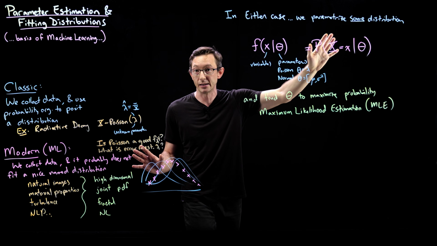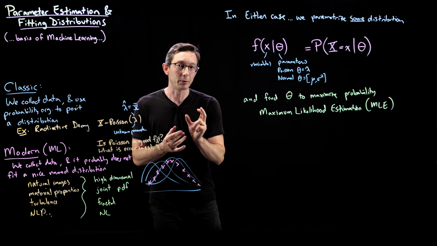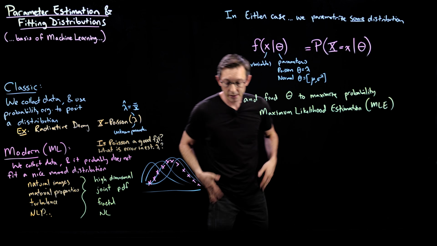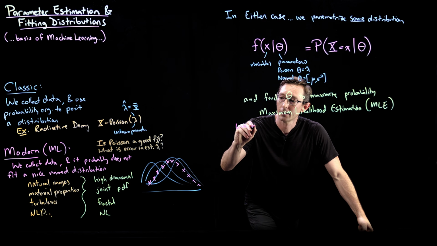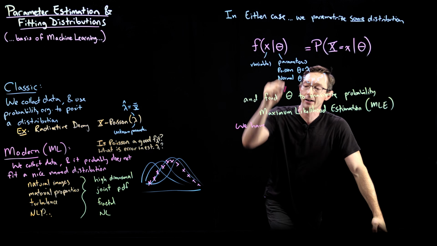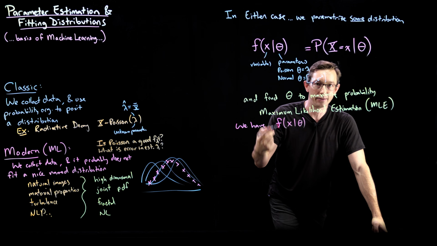That's how we say this mathematically. And this should seem very closely related to Bayesian statistics, because it is. So there's this kind of dual problem. We know the probability density, at least in the classic case, we have f of x given theta, and we're trying to find theta.